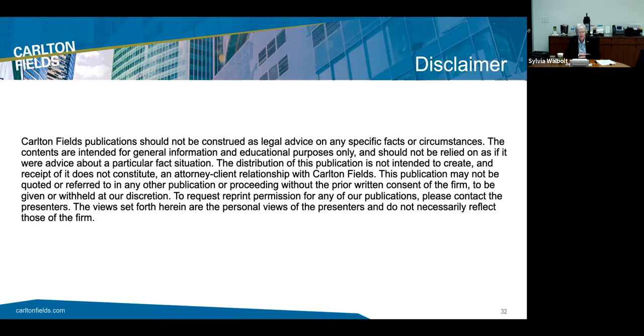But such advanced waivers, advanced releases of claims, are disfavored in the law, and in some instances they're actually void as against public policy. In most jurisdictions, for instance, a parent cannot give an advance waiver of liability for minor children. That's unenforceable, usually just as a matter of public policy.